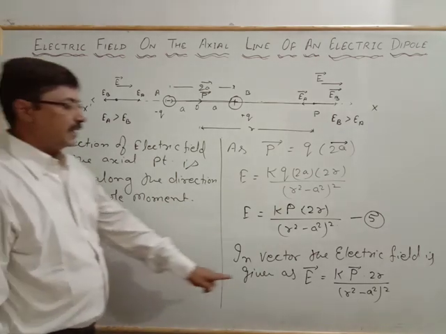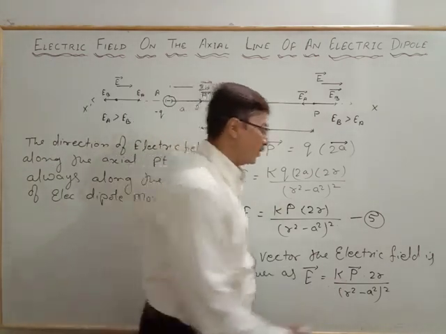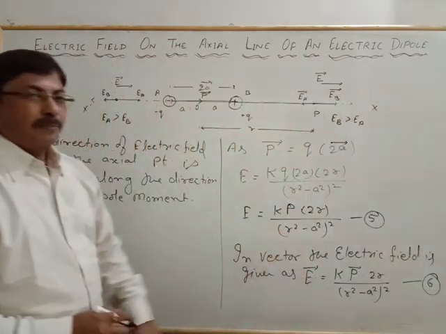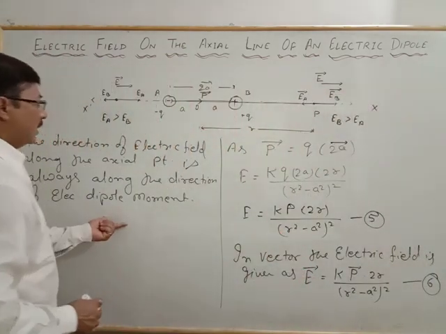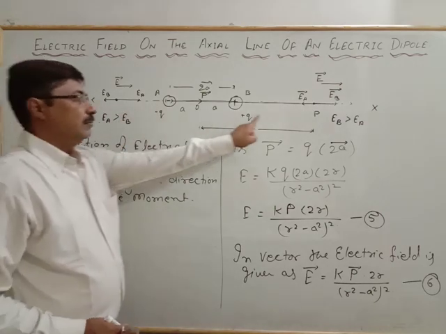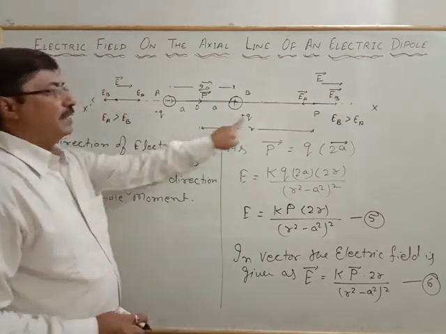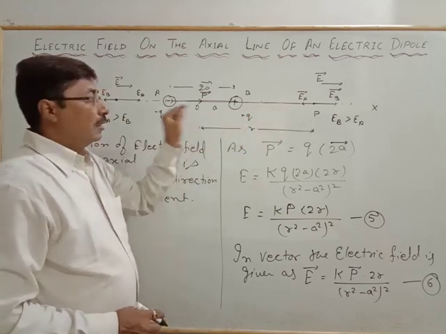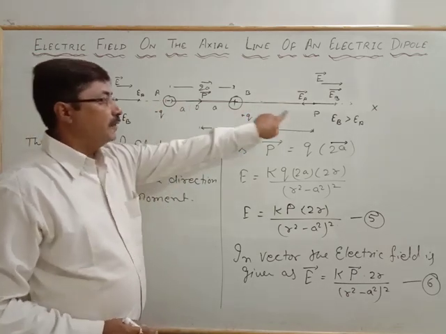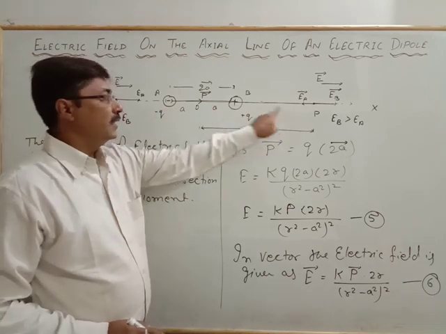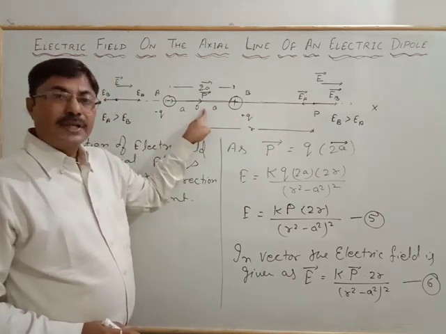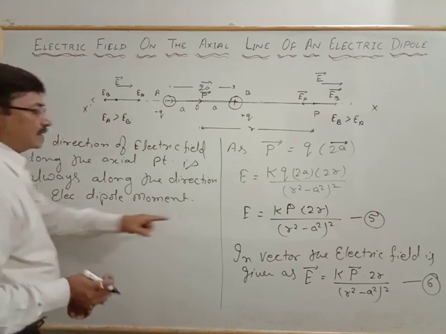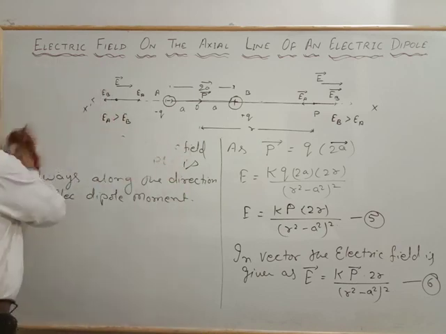That means the electric field direction is always along the electric dipole moment. Just by the diagram, by the figure, by the arrangement, we come to this conclusion. That is important. The electric field direction along the axis is always along the direction of the electric dipole moment. Now, see the relation, or see some cases regarding this.